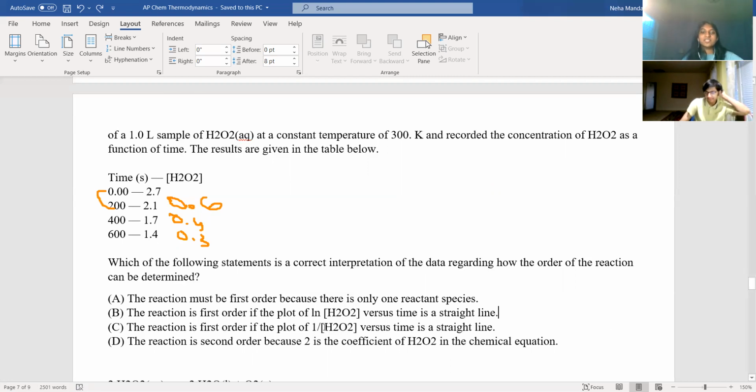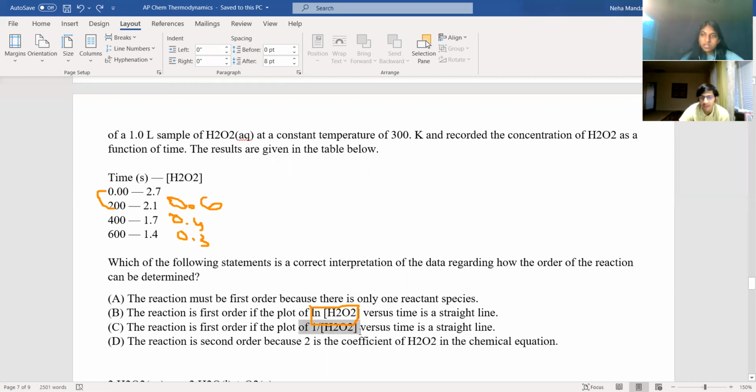Yes. So it would be this one, ln. If you took the derivative of ln H2O2, you get this one. If you do the derivative of a linear equation, you get just a constant number, which is what I got for that.